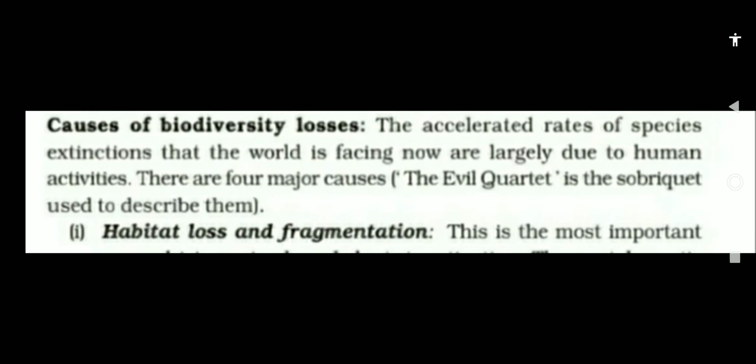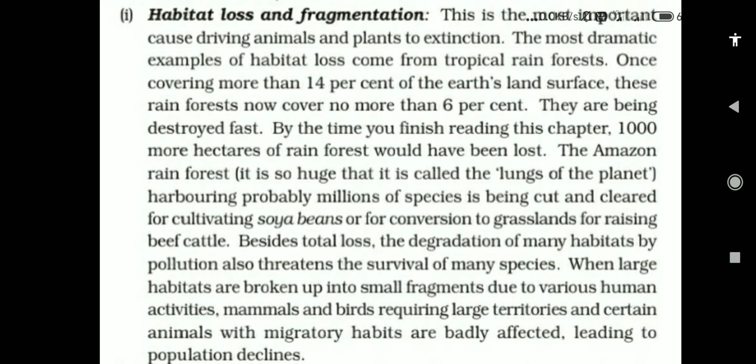So the first cause of biodiversity loss is habitat loss and fragmentation. Students, the most dramatic example of habitat loss comes from the tropical rainforests, once covering more than 14% of the earth's land surface. Now rainforests cover no more than 6%.